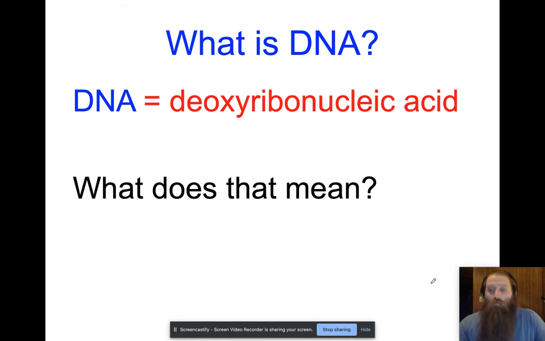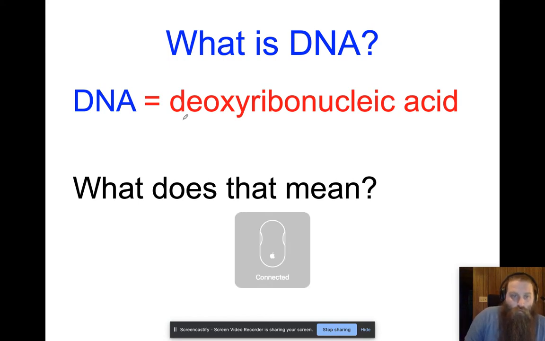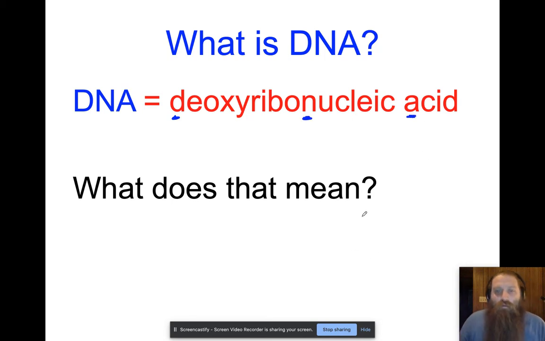So let's start with something simple. What is DNA? Well, DNA stands for deoxyribonucleic acid. So let me get my pen started up here. There we go. DNA, deoxyribonucleic acid. Now, ribo comes from ribose, which is a sugar.